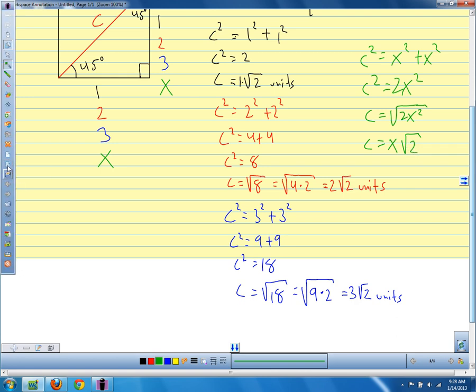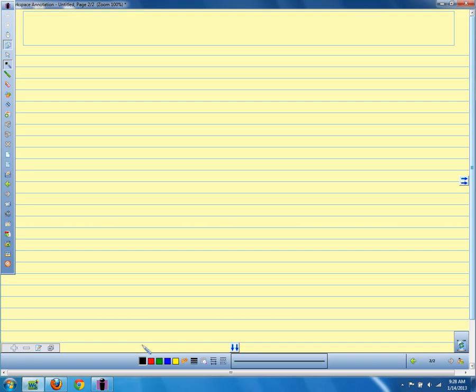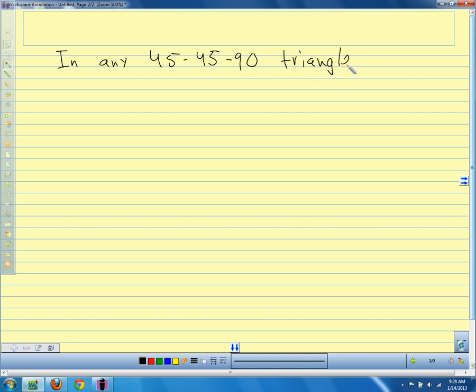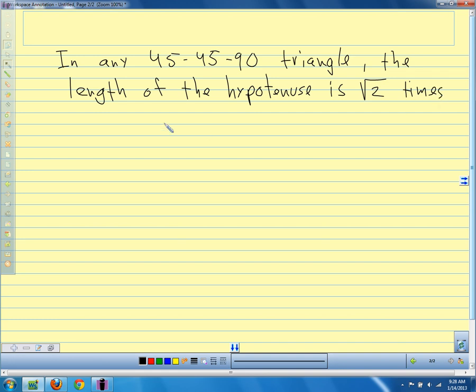So our rule, and this is what's going to go into your flip book: in any 45, 45, 90 triangle, the length of the hypotenuse is square root of 2 times the length of the leg.